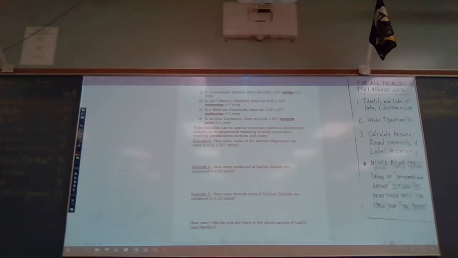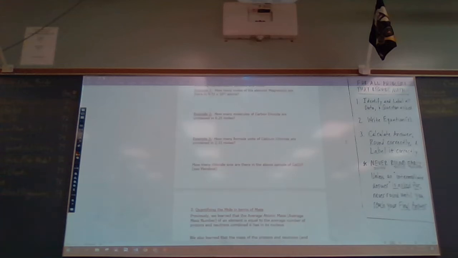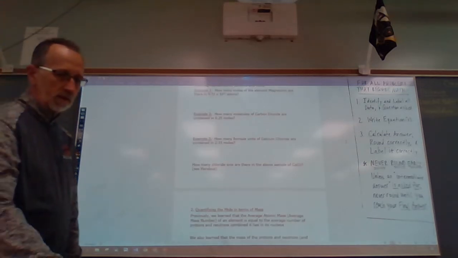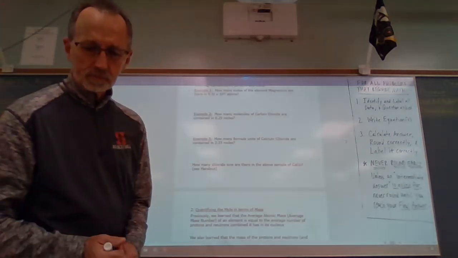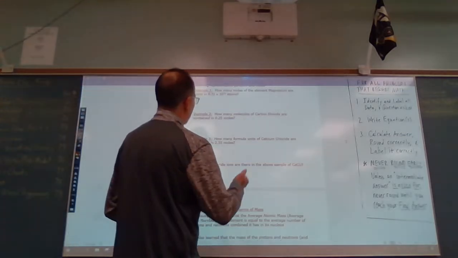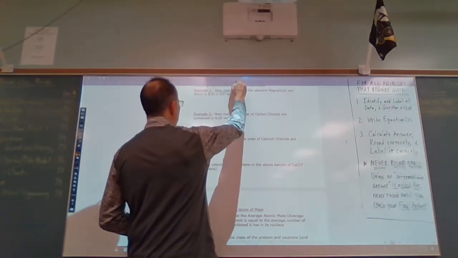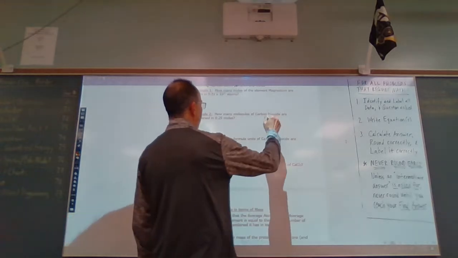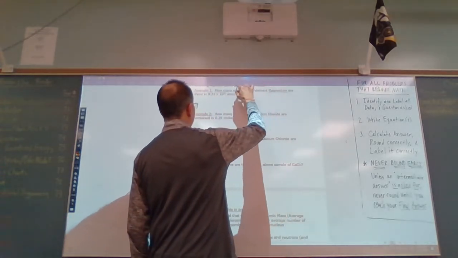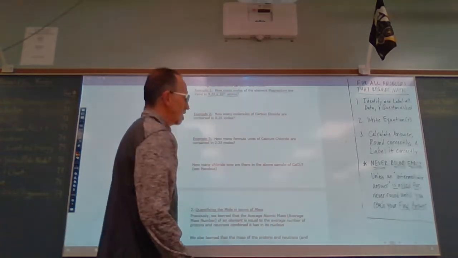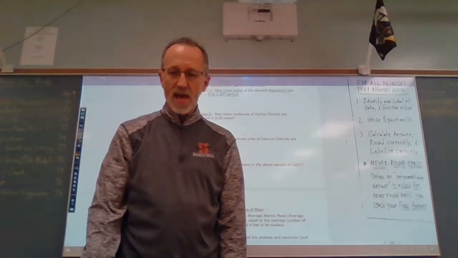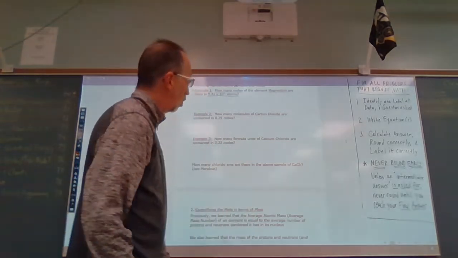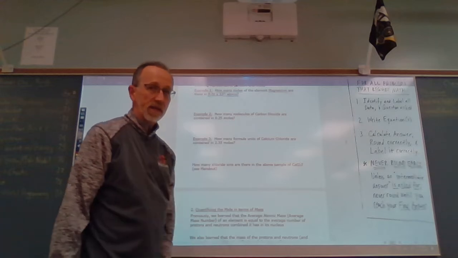So let me move the screen up a little bit. In the first one here, it wants to know how many moles of the element magnesium are there in 9.31 times 10 to the 21st atoms. So this is our information that's given.